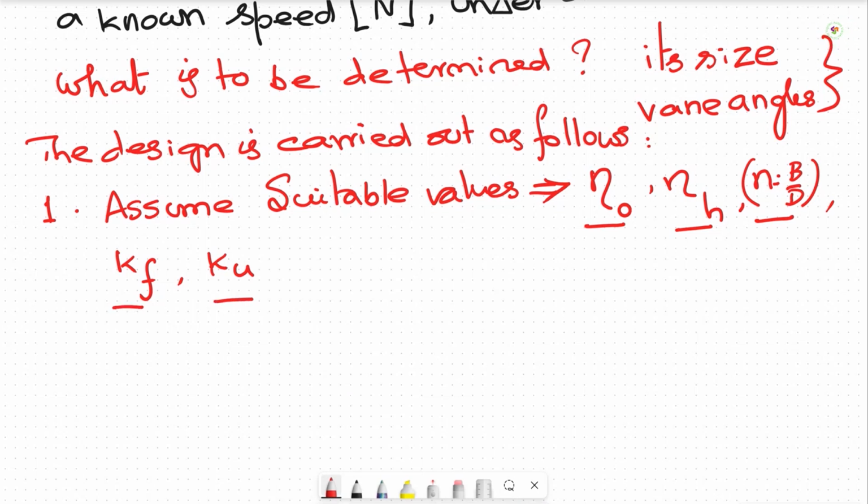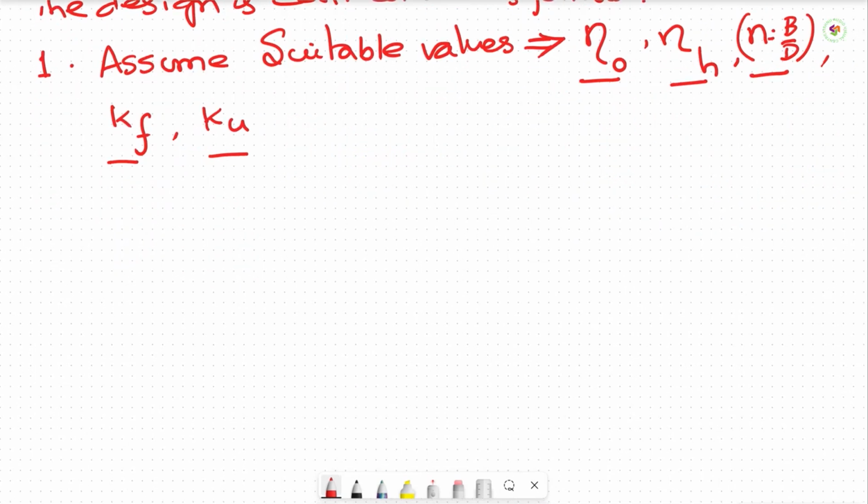These are the things which we fix first, assuming reasonably. For example, overall efficiency some 80%, hydraulic efficiency 90%, B by D ratio 0.4, Kf equal to 0.3 and Ku equal to 0.8. Like that, these values have to be assumed suitably.